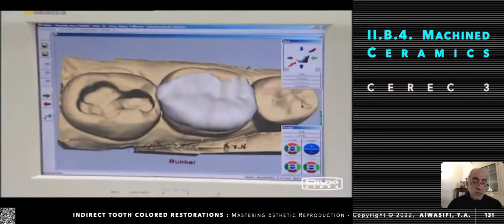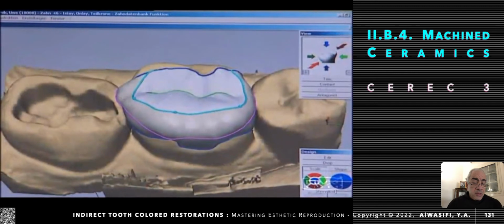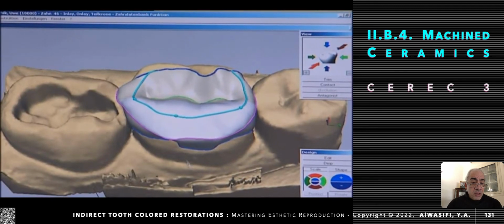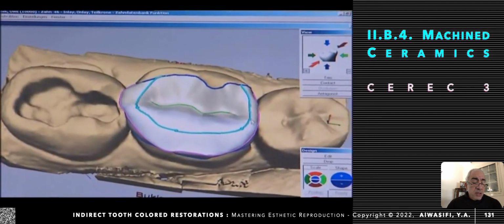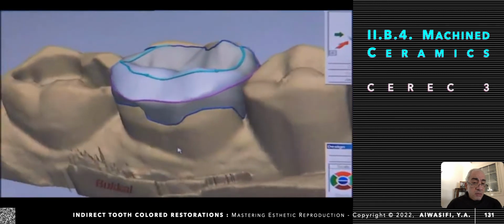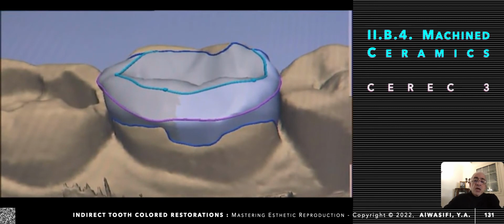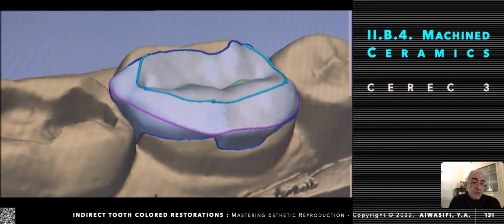Then he gives a command to build the restoration. Also, we could adjust it manually. Okay. Readjust the position of the contours, the contact, the anatomy. Exactly, he is dealing with it like a wax cutter, but instead of having curves, he has a mouse.